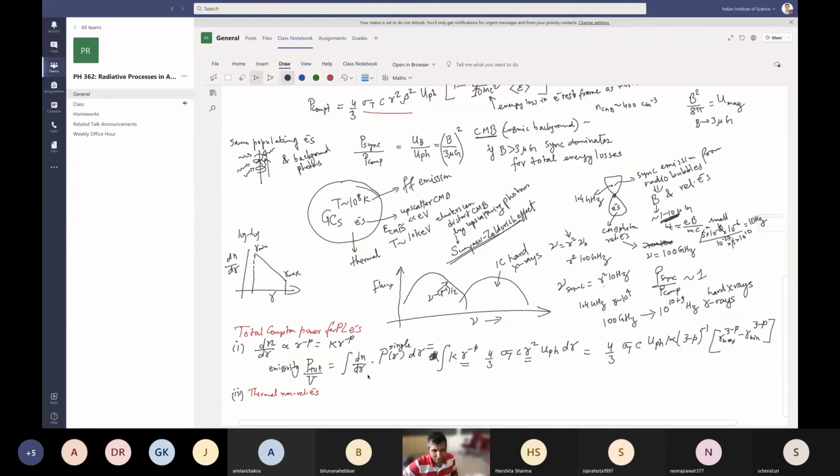In this case, we have to use this beta squared formula. So you have the integral of dn dv, for example, P for a single electron, dv.